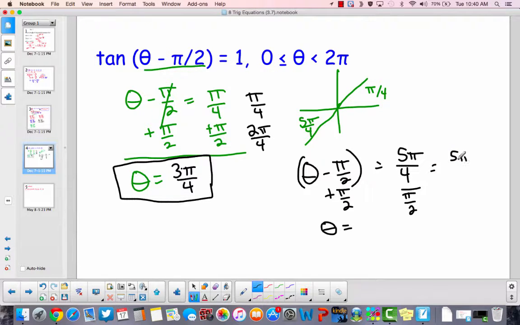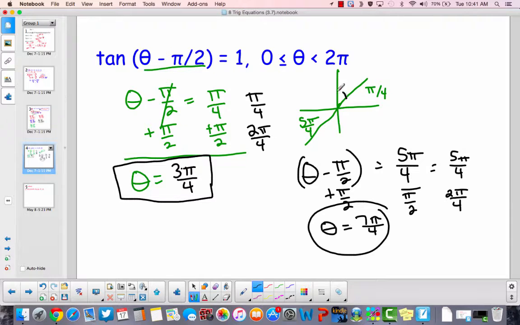So that's 5 pi over 4, and this is 2 pi over 4. So we get theta equals 7 pi over 4. Again, if you're not sure, check it. 7 pi over 4 minus pi over 2. That's 7/4 minus 1/2. Does that leave me with 5/4? Yes.